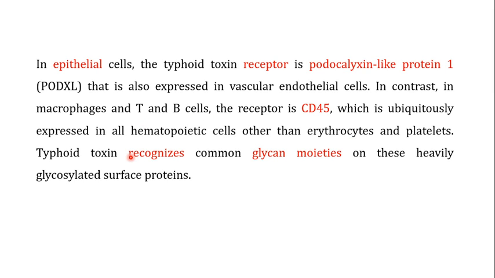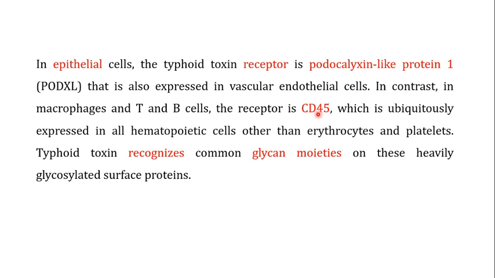Now the typhoid toxin actually recognizes the common glycan moieties on these heavily glycosylated surface proteins. So when you talk about these epithelial cells, the receptor PODXL has glycan moieties, carbohydrate moieties, and the typhoid toxin is recognizing those glycan moieties on this particular receptor.